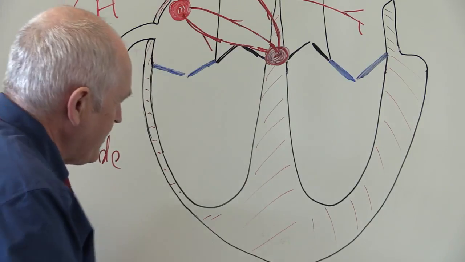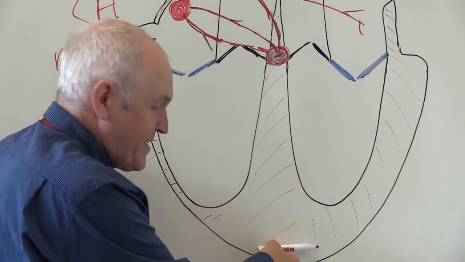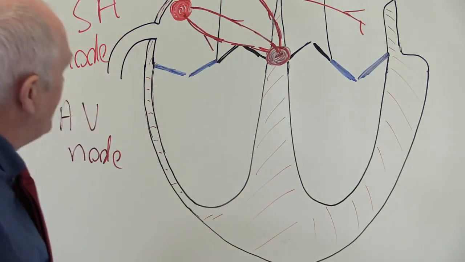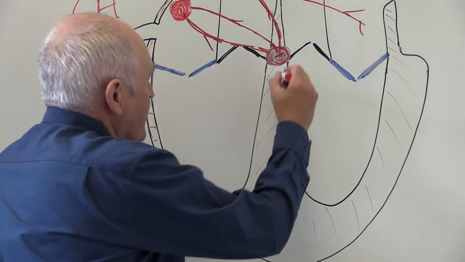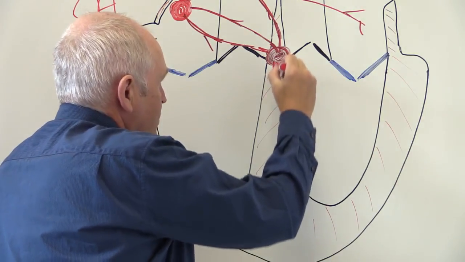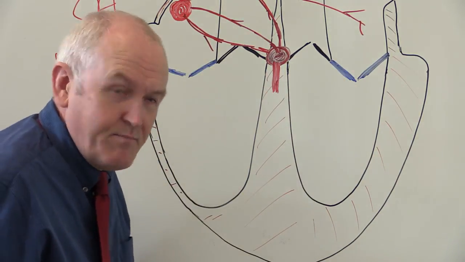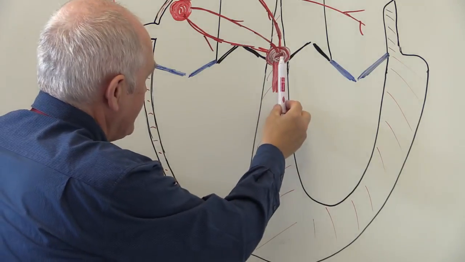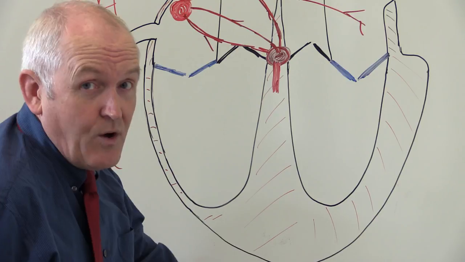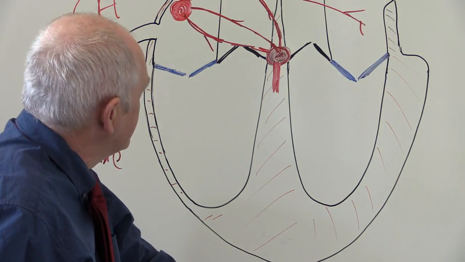Now, if we want the impulses more or less to start going into the ventricular myocardium down here, we need to get them down there quickly. So first of all, we have a bundle of tissue here which will conduct the electrical impulse that's been collected by the AV node, and it will start transmitting that impulse down through the cardiac septum.